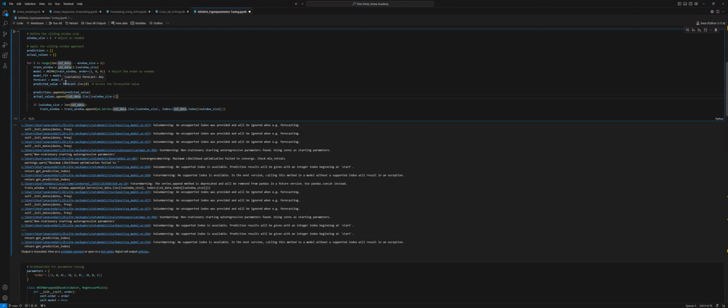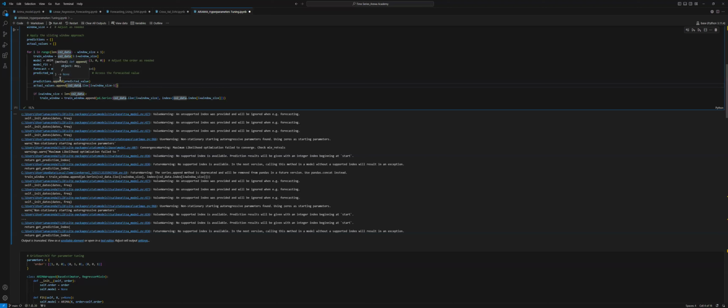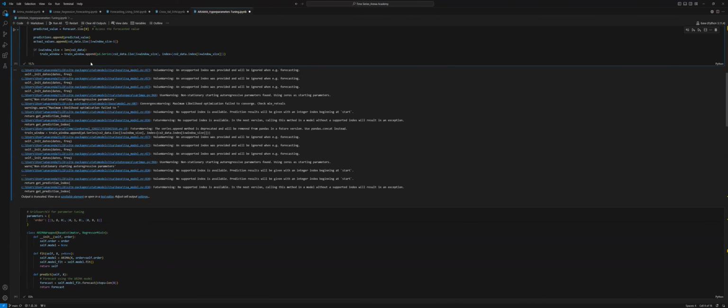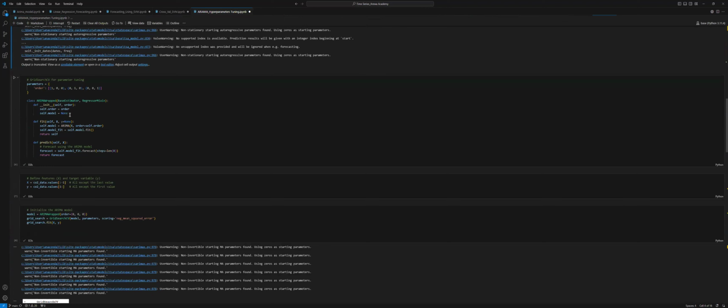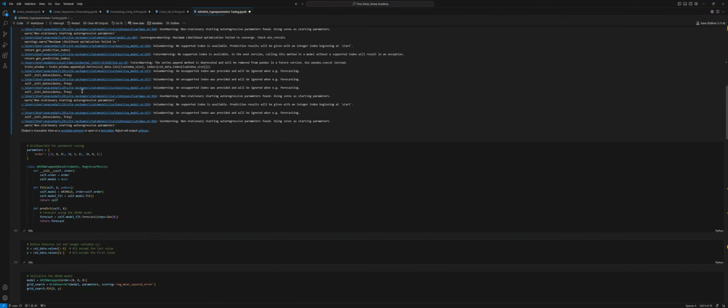We will try to compare our predicted values with the actual ones. The model fit is an instance of the model that we created. The model is ARIMA, train window, order of 100. So we will now run GridSearchCV once we finish with this.